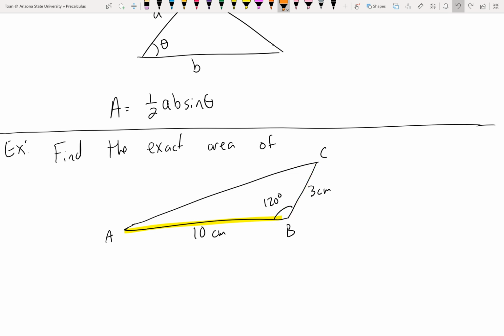Now, normally in geometry, if this was our geometry class, you were probably taught to drop an altitude. It's outside of the triangle, and then you have to do some other complicated multi-step math.